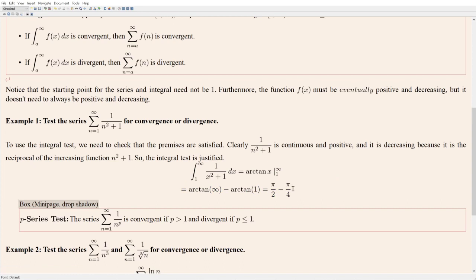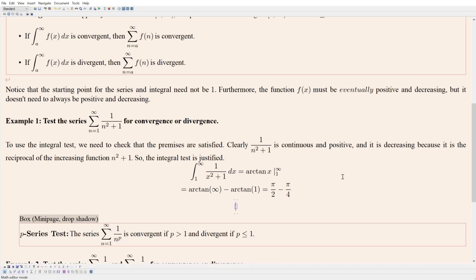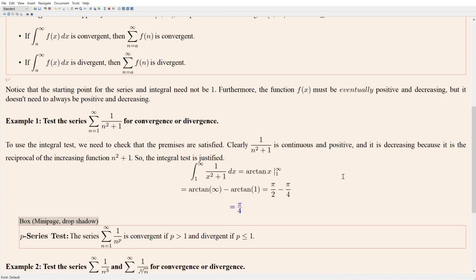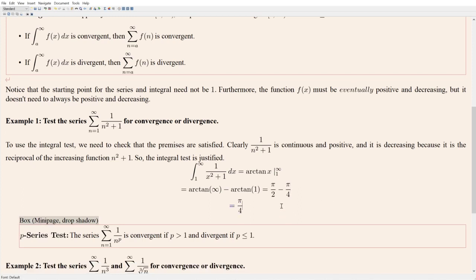So the arctan of 1 is pi over 4. It doesn't really matter what this number is. The fact is, it's a number. So that means that the integral converges. So pi over 4 is our final answer. But yeah, this number doesn't really matter. The fact is the integral converges, so that means the series converges as well.